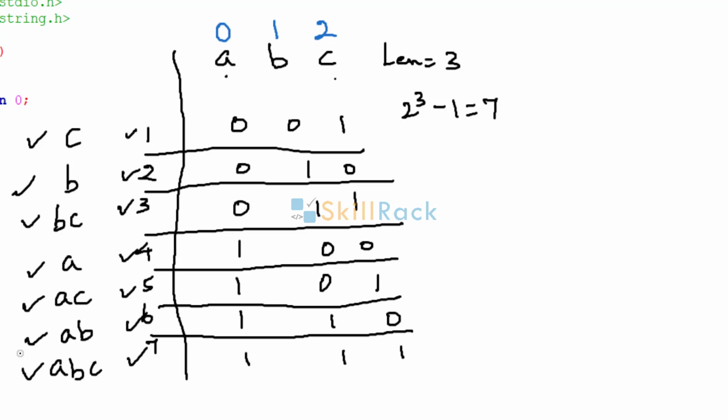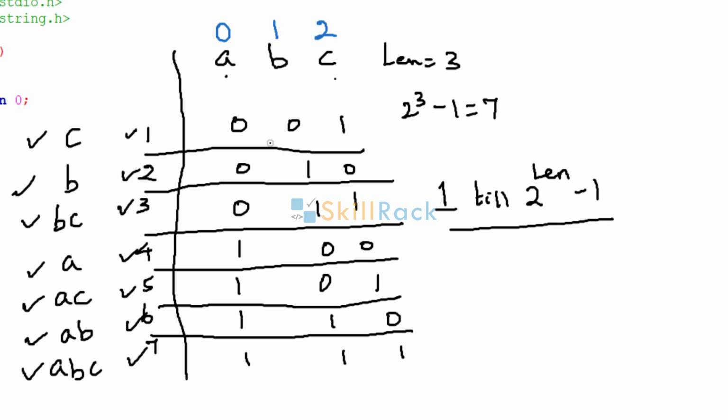So the logic is, whatever the length of the array, string is also a char array, you traverse from 1 till 2 power length minus 1, those integer values.